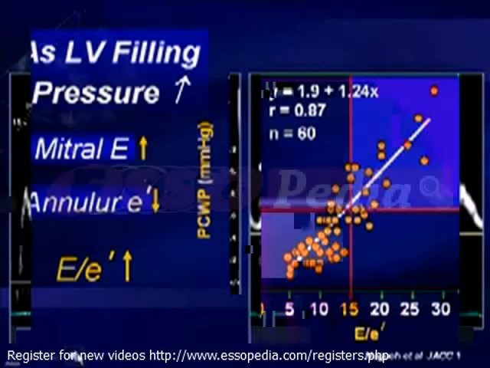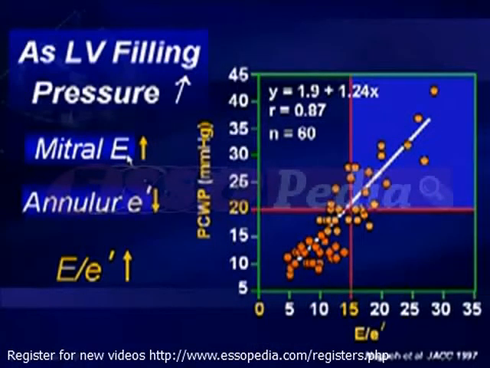Therefore, as LV filling pressure increases, the mitral E wave velocity increases, the annular E' velocity decreases, and the E over E' ratio increases.